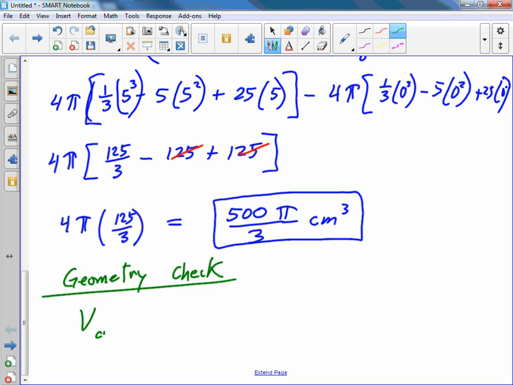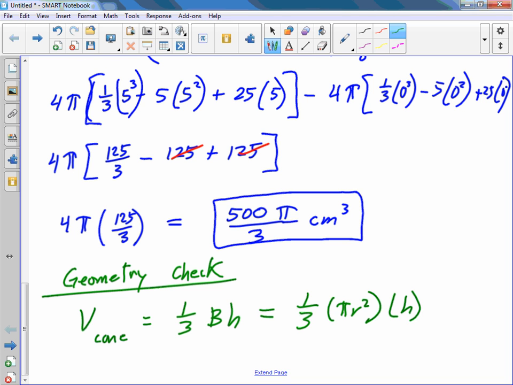Volume of a cone equals 1/3 big B, which is the area of the base, times the height. Area of the base here is pi r squared. Height is h.